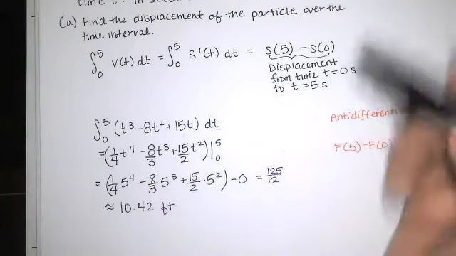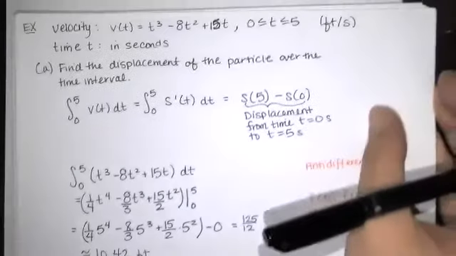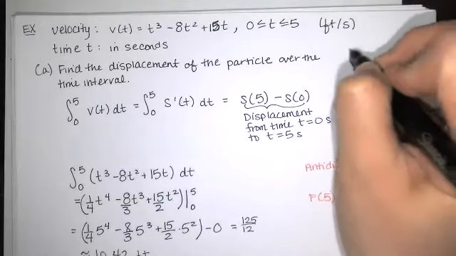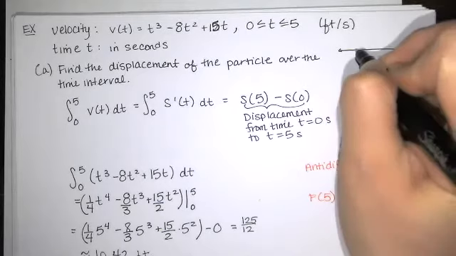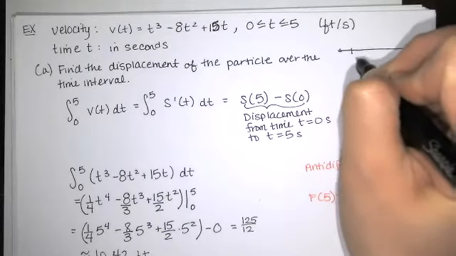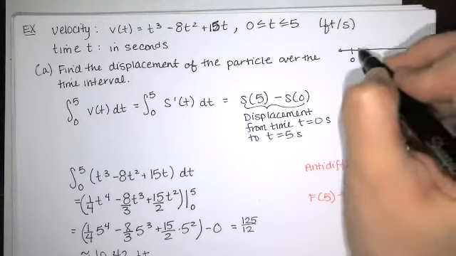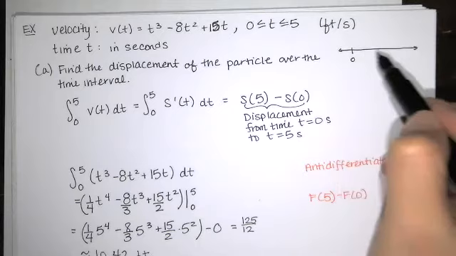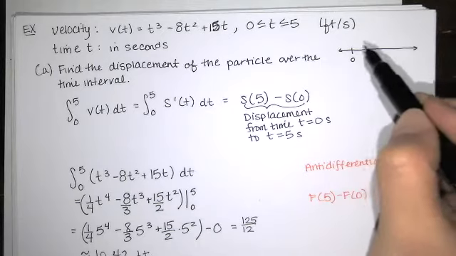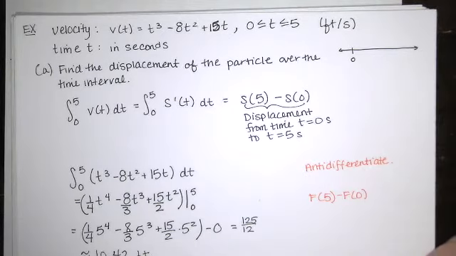So we're talking about a particle that's traveling along a straight line. So the straight line might look like this. At time t equals 0, it's at a certain location. And then sometime later, it might go forward. Sometime later, it might go backwards. Every time it goes backwards, we count that velocity as negative. Every time it goes forwards, we count that velocity as positive.